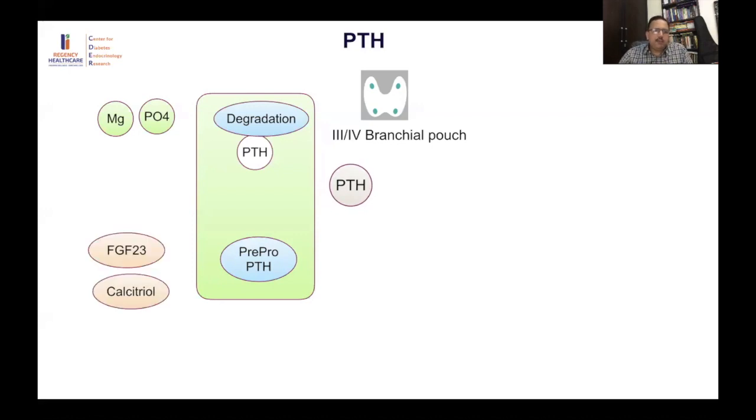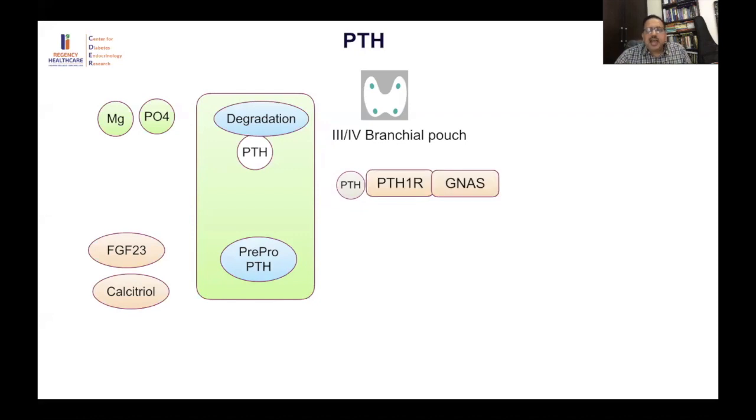Similarly, fibroblast growth factor 23 and calcitriol actually decrease PTH release, and if you have more FGF23, you will have low PTH. This is important because both of these will cause phosphaturia, and therefore you will have very low phosphorus.